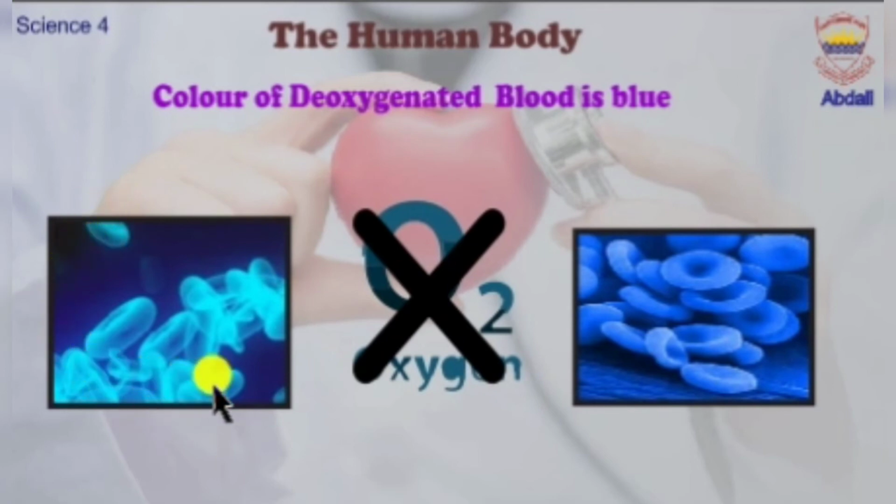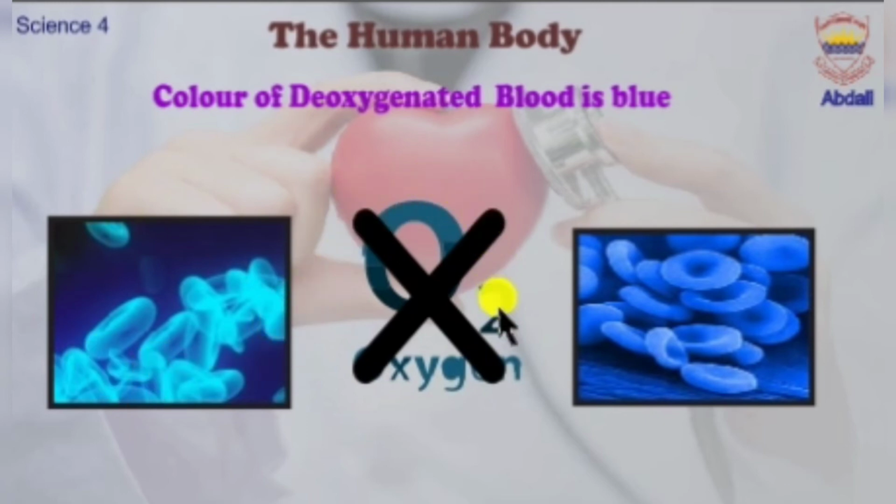What is the color of deoxygenated blood? The color of deoxygenated blood is blue.